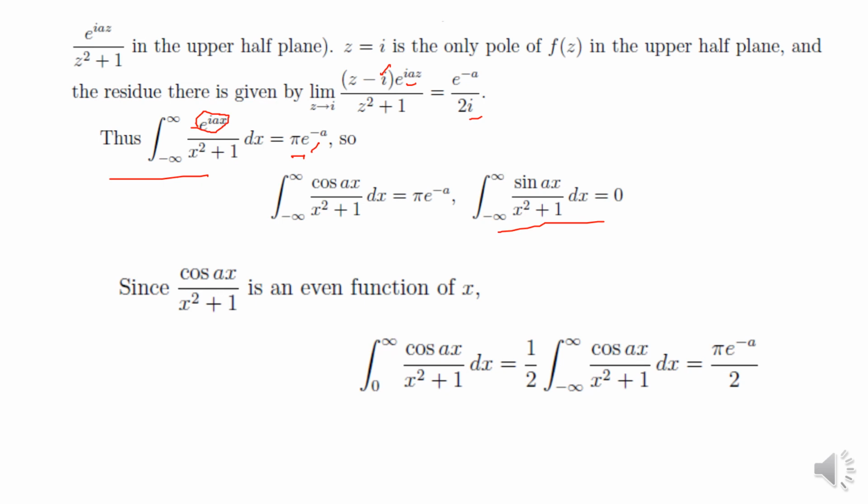So only the first term is there, because cos ax upon x square plus 1 is an even function of x. So minus infinity to infinity gives twice 0 to infinity, and that 2 we take on this side, 1 upon 2. So this is pi e to the power minus a upon 2, and this is what we had to show.